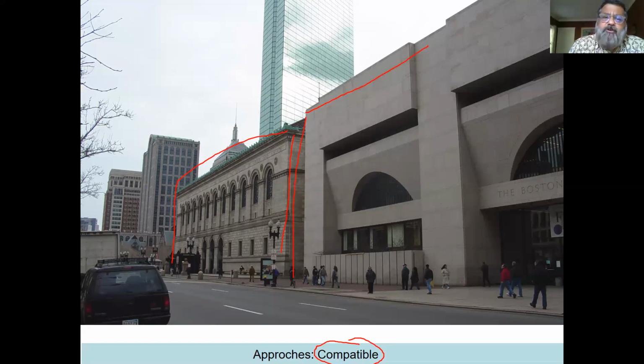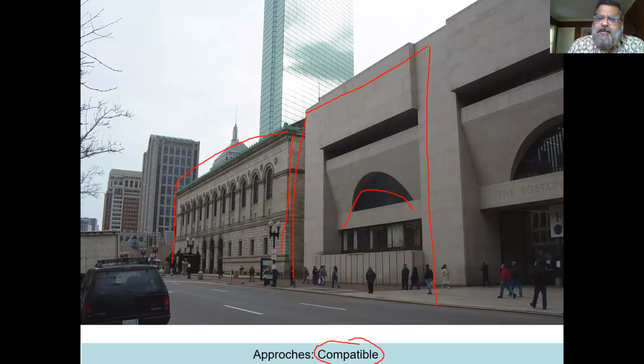But you will also note that it is a classically derived modern form, right? So he uses the same granite that McKim uses. The quarry was opened and the same granite was used. And it also uses arches, but interprets the arches in more modern ways.